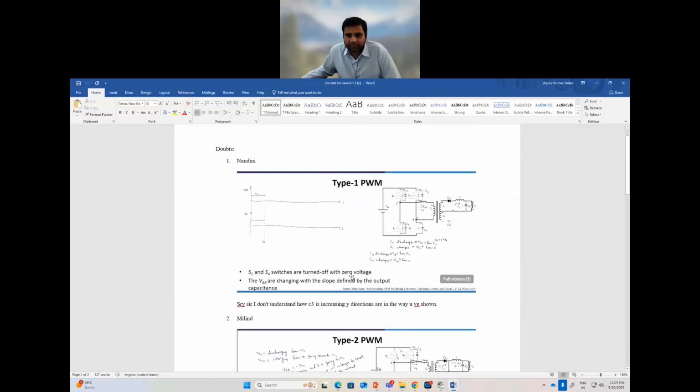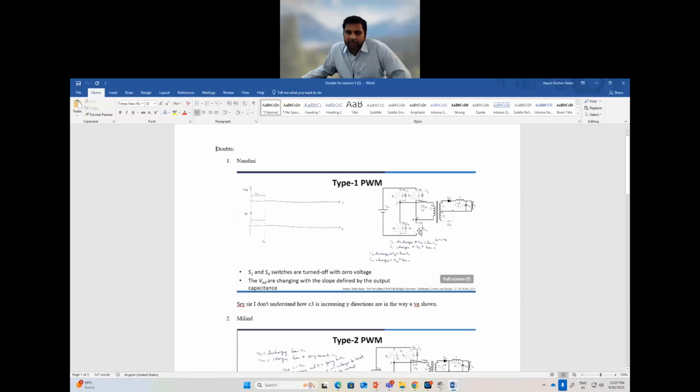the first question which was asked was, in this question, let's take the lagging leg case, where because of the current direction, the current has to find a pathway. There is no channel which is formed, there is no diode which is in conduction.